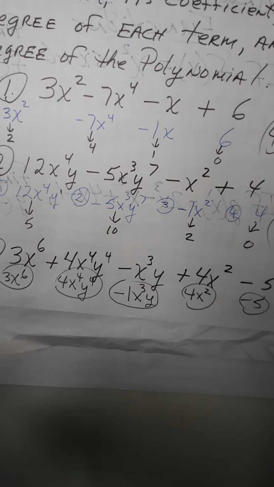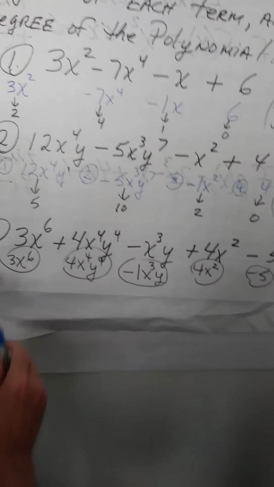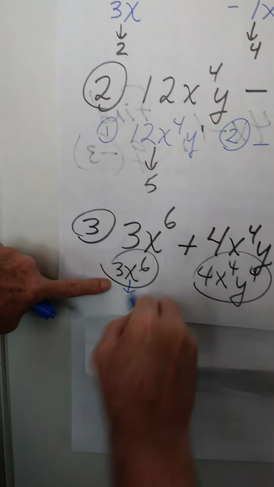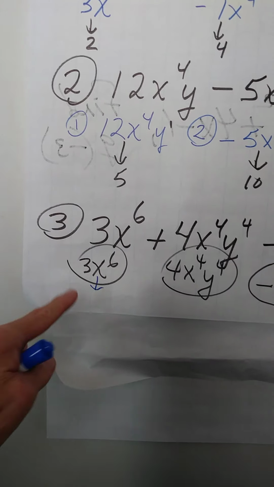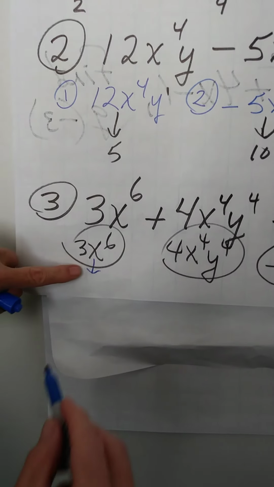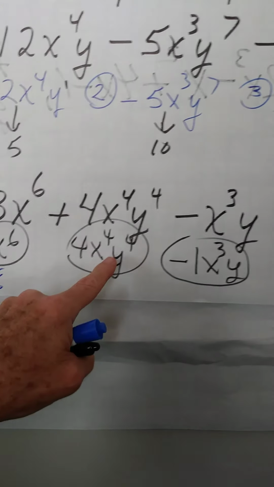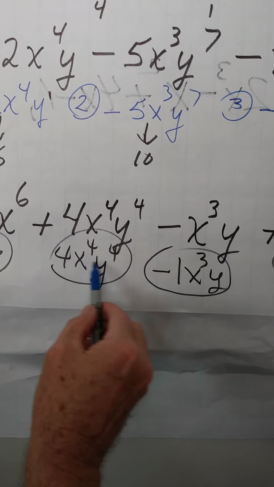Now to the degree of each of the 5 terms. Degree of this first term. There's only one letter, so whatever its exponent is, that's its degree, 6. Second term. There's more than one variable.